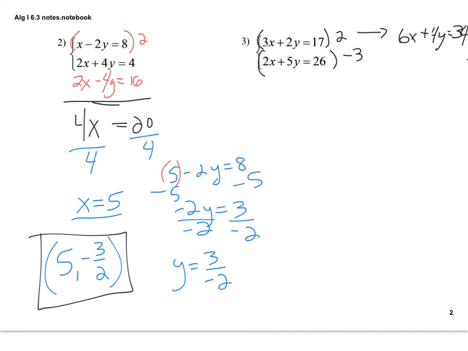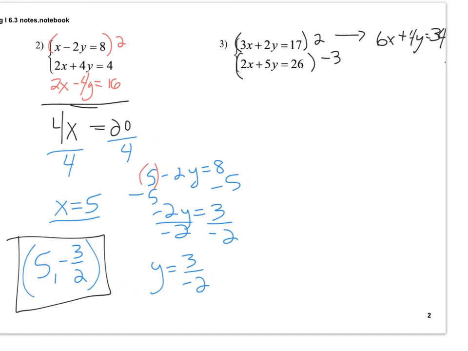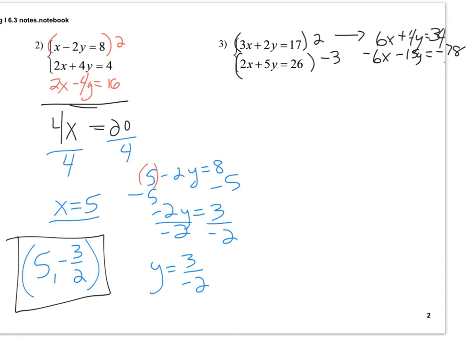Okay, so negative 3 times 2 is going to give us a negative 6x. Negative 3 times 5y is going to give us a negative 15y. And then negative 3 times 26 is going to be a negative 78.